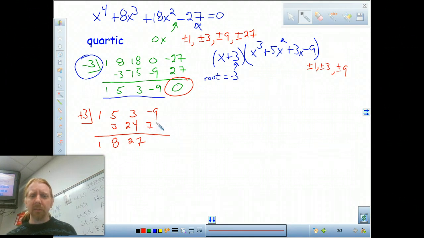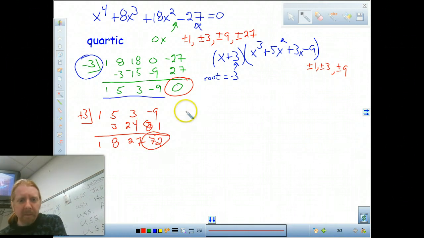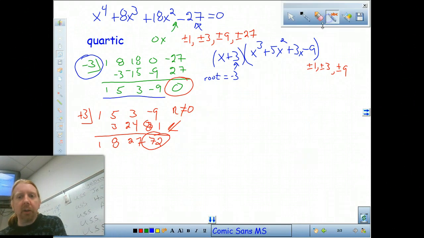Let's do it right. 81, and that puts me at 72. Positive 1's good. All right. That definitely does not work because I have a remainder that is not 0. So that tells me conclusively I'm not looking at a factor.